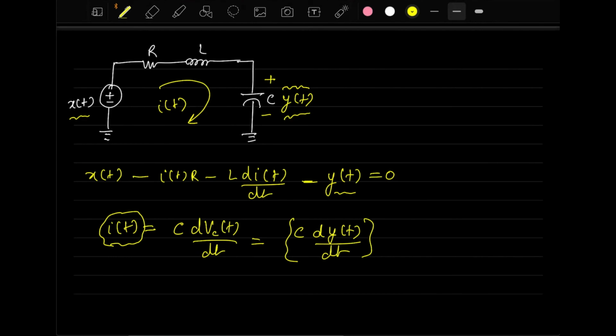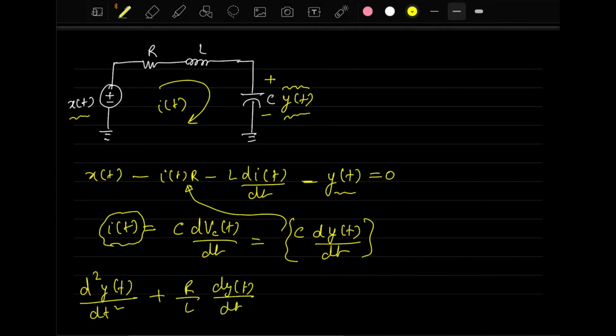You just substitute it here and you will get the answer. And the answer will be d square yt by dt square plus R by L dy t by dt plus 1 by LC yt equal to 1 by LC xt.